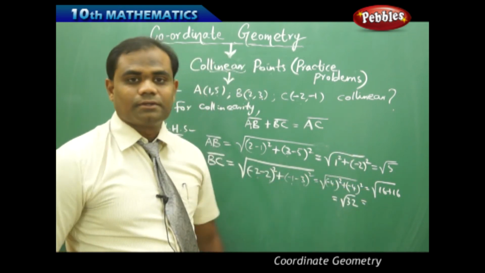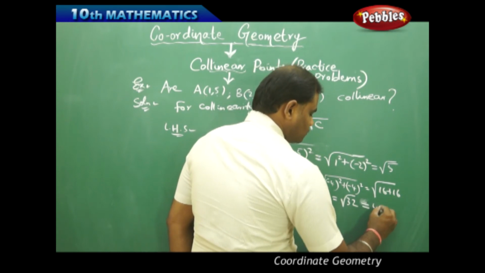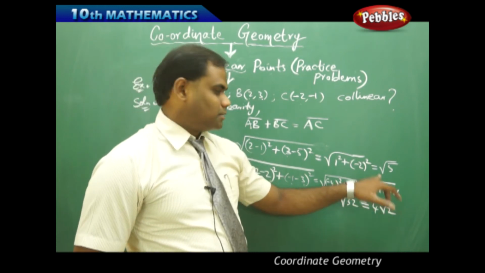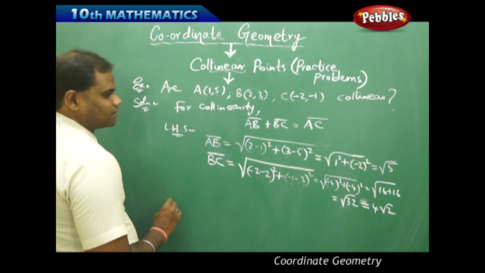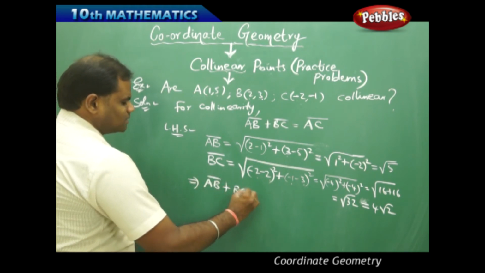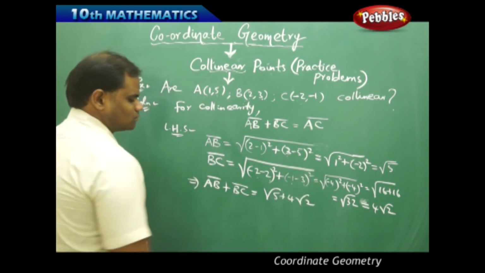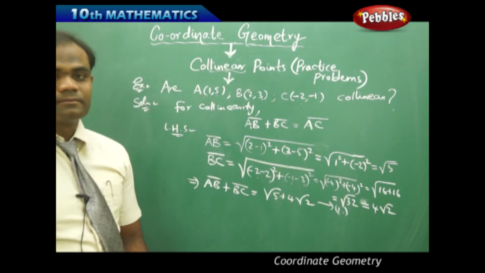On simplification, this is root of 16 times 2, which is 4 root 2. So BC is 4 root 2 and AB is root 5. Then AB plus BC is root 5 plus 4 root 2. This is what I get on the left hand side.